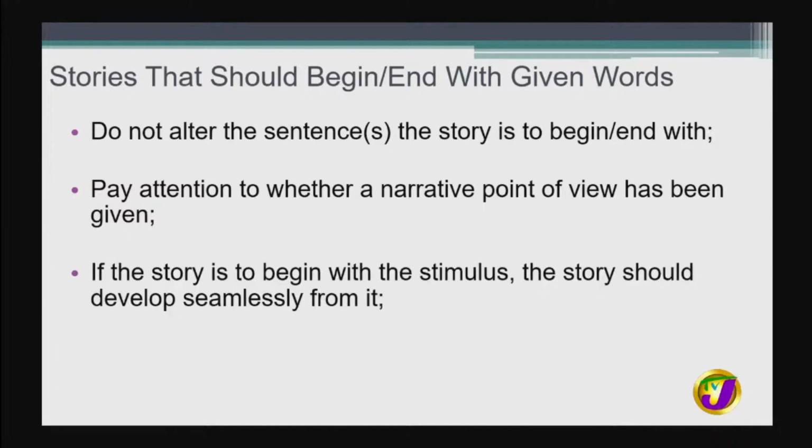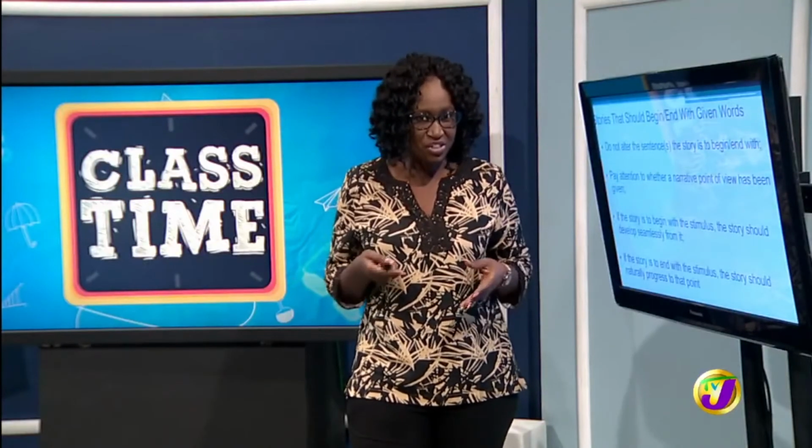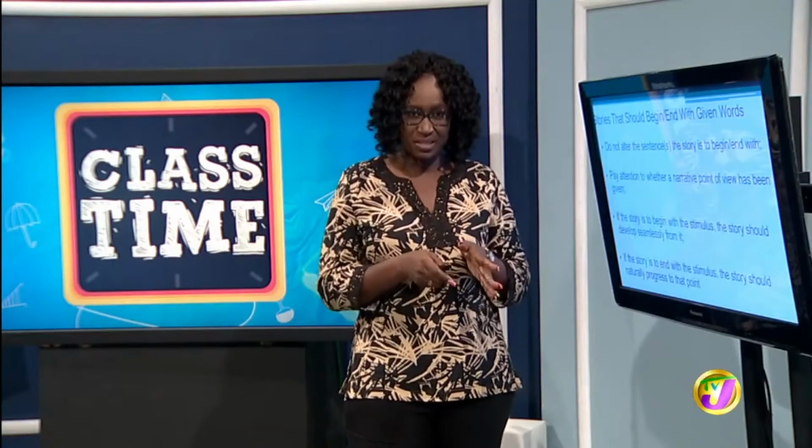And if you're to start the story, then the story you end up writing should seamlessly flow from this beginning. On the other hand, if you're supposed to end the story with it, then it should naturally progress to that point. Again, you don't want the sentences to be sticking out of place, looking as if they don't belong. You had a preconditioned story and you just drop the sentence in there.